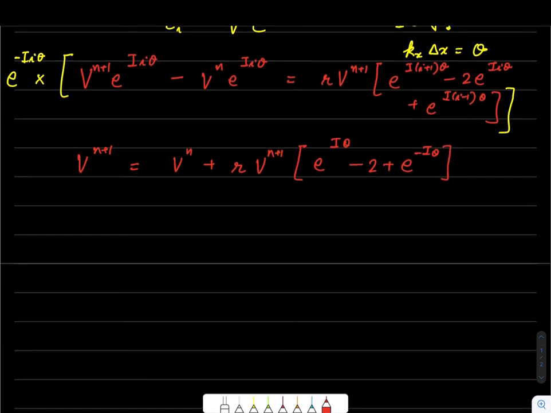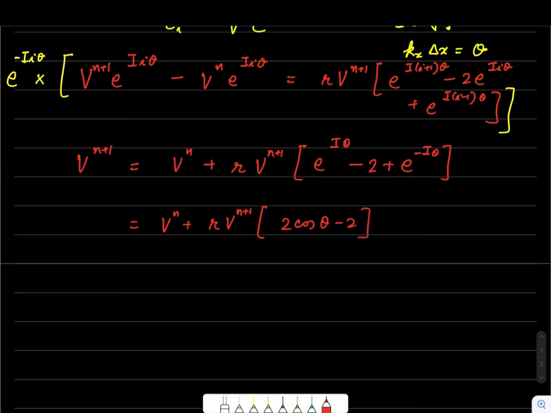Now the thing to note here is that e to the power I theta plus e to the power minus I theta can be written as 2 times cosine of theta. So the right hand side will be V n plus r V n plus 1 into (2 cosine theta minus 2).